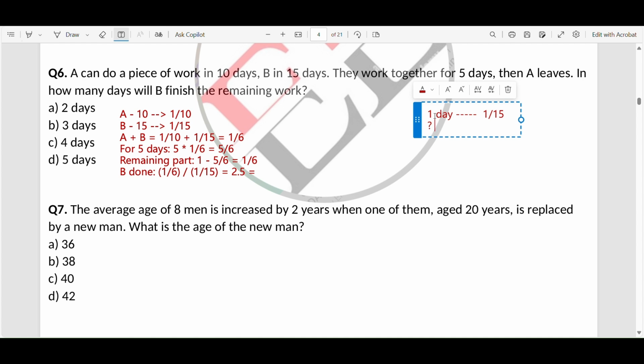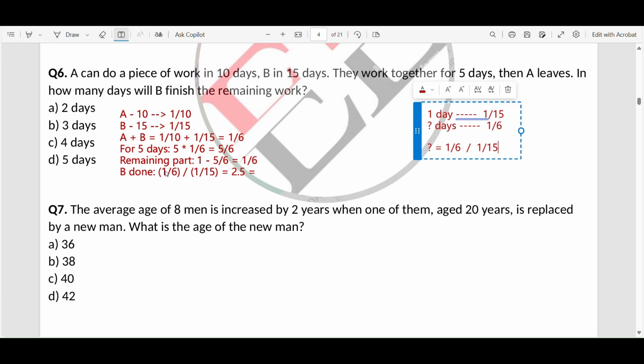In how many days will it do 1 by 6th part, right? So by cross multiplication, we will be getting question mark equals 1 by 6 divided by 1 by 15.